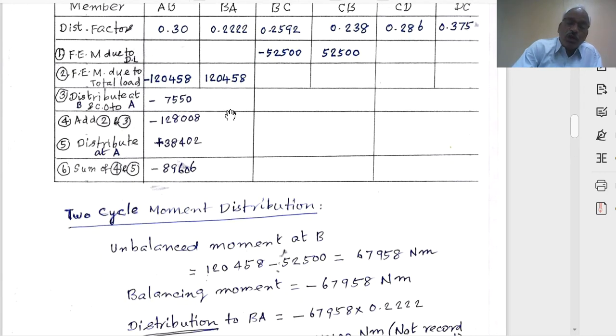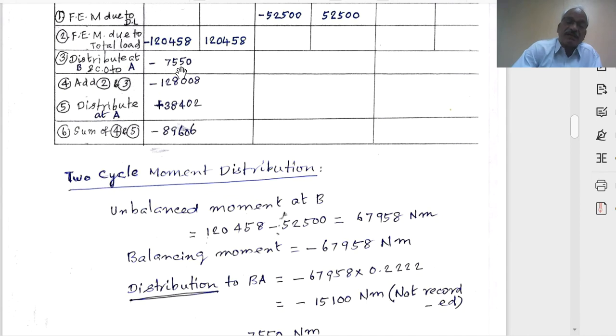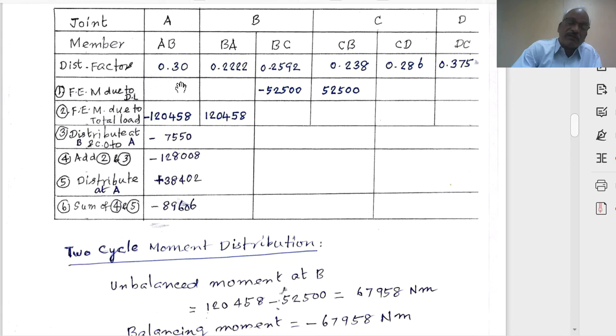Therefore, the carryover from BA to AB, this is BA. Now, the carryover to AB is equal to minus 7550. So, that is what is written here, minus 7550 at AB. Therefore, we are not showing the value of the distribution here because that is going to cause carryover only to BA. We are not bothered about BA.